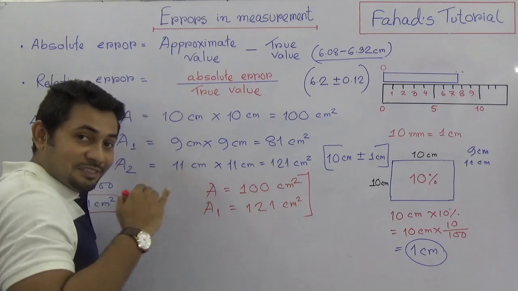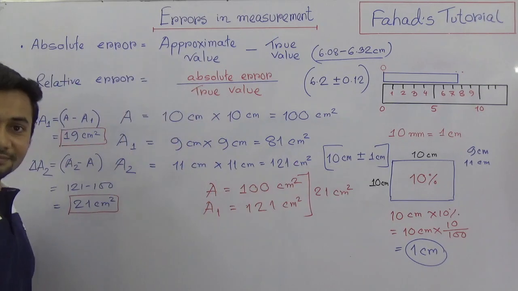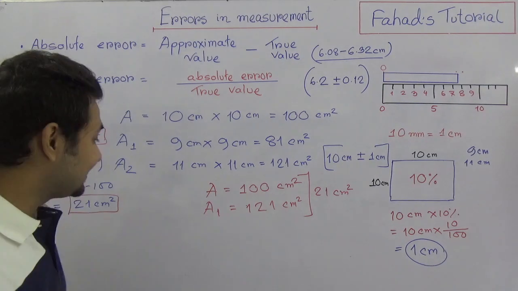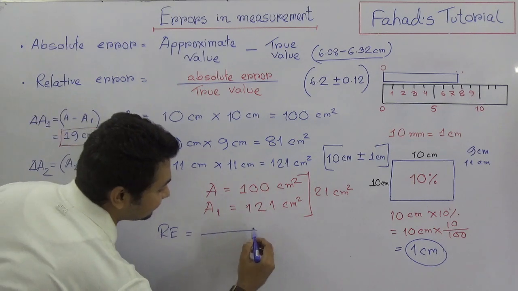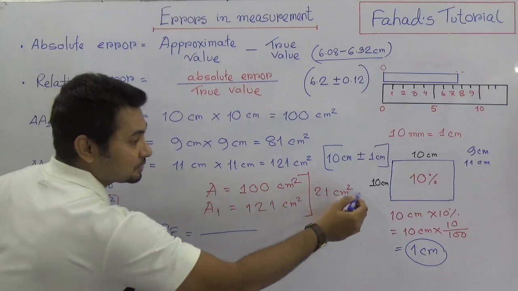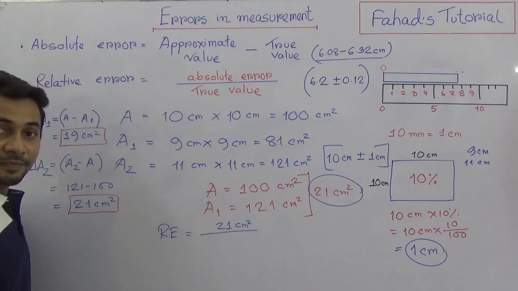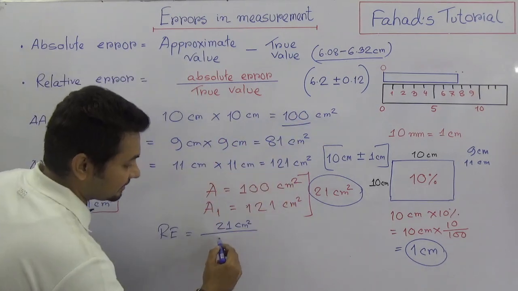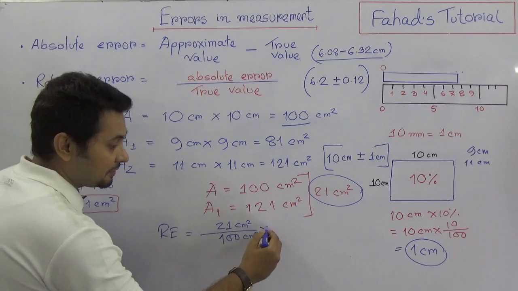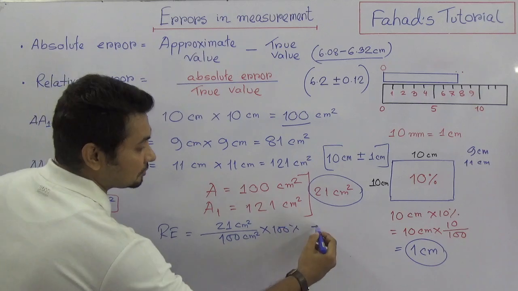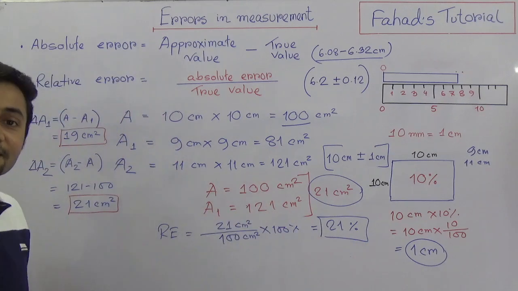So the difference between these areas is 21 centimeter square. Now to find the relative error: the absolute error is 21 centimeter square upon the measured value, which is 100 centimeter square. If we express it in percent, it should be 21%, and this is the relative error.